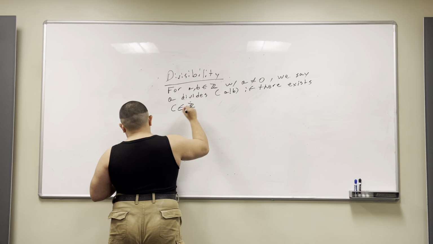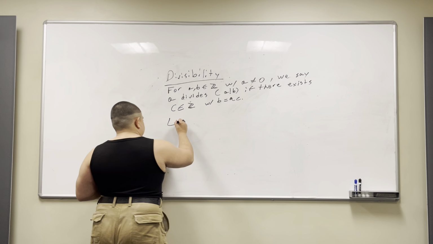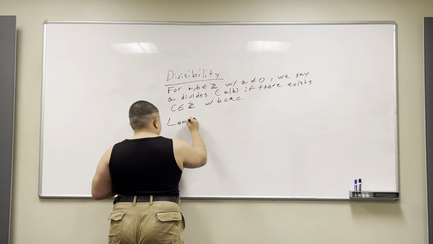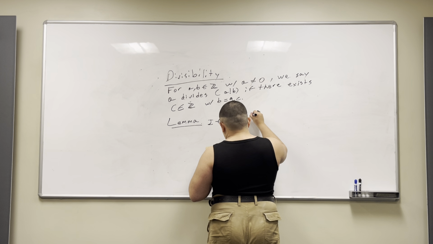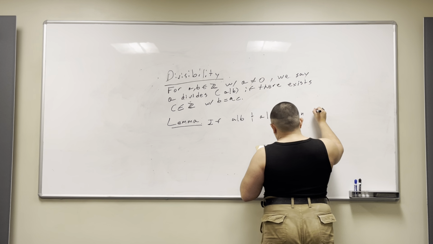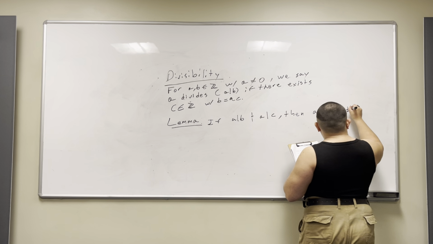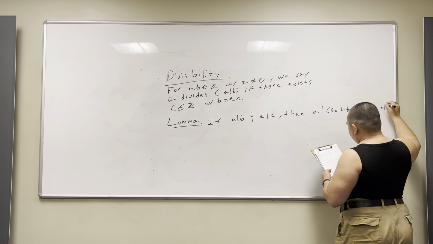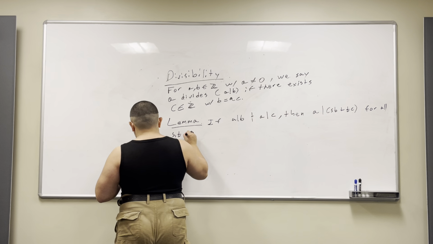Lemma. If a divides b and a divides c, then a divides sb plus tc for all s, t within the integers.